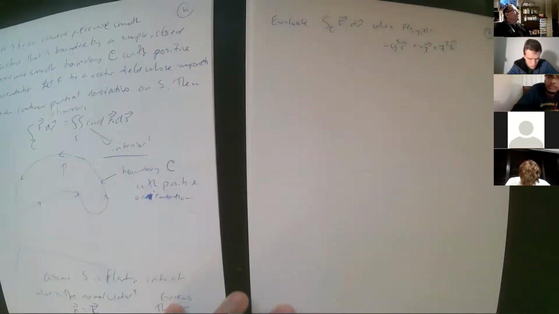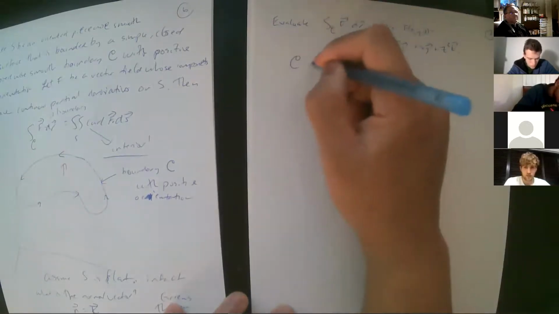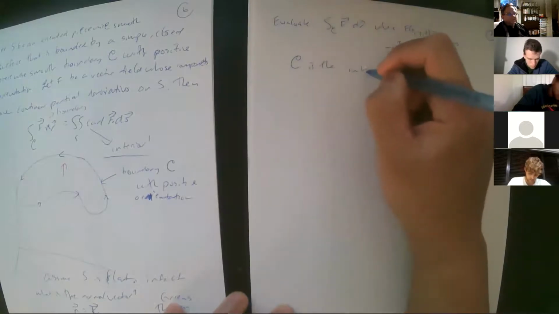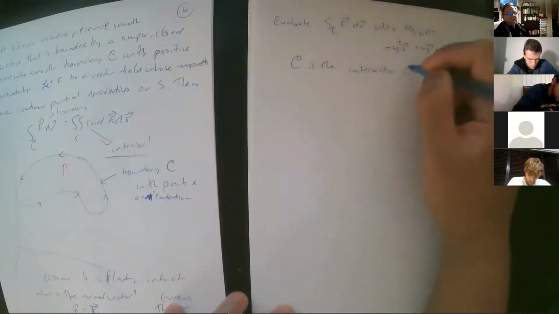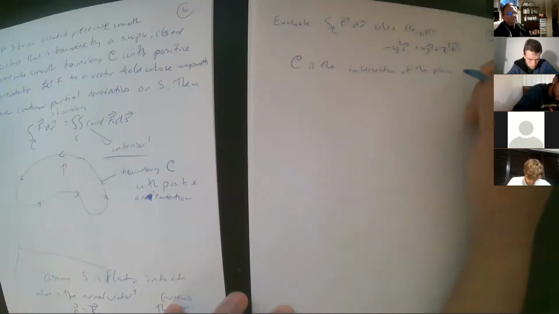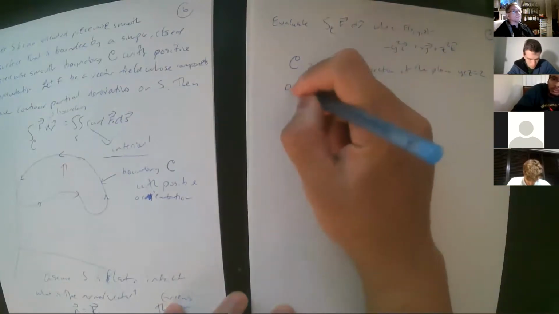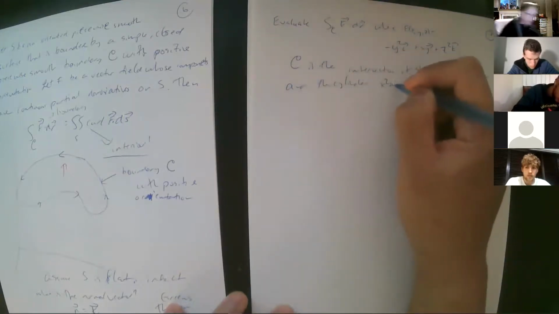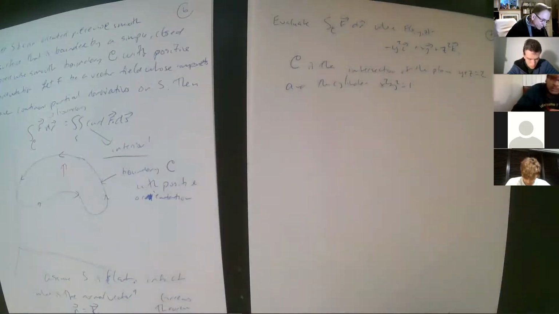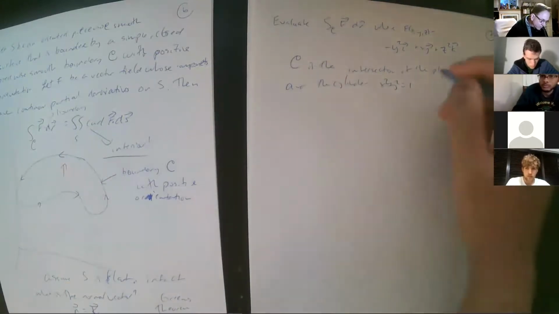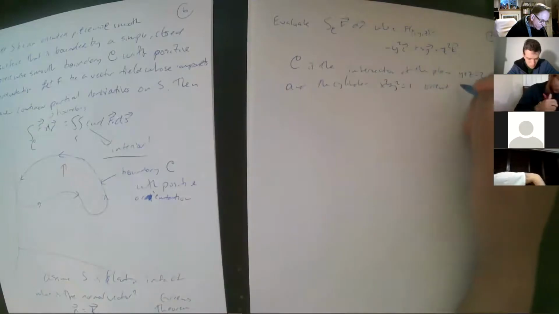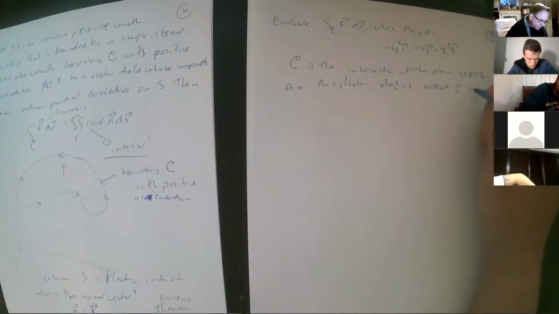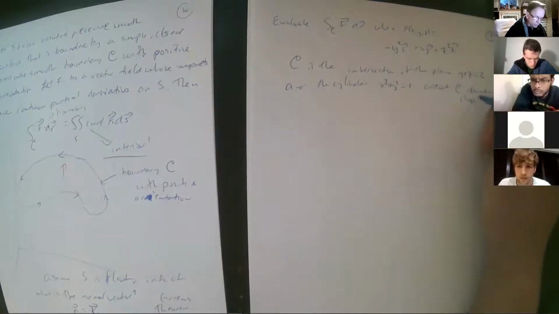Okay. C is the intersection of the plane y plus z equals 2 and the cylinder x squared plus y squared equals 1. Orient C counterclockwise.